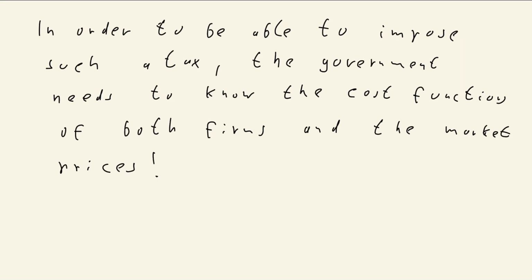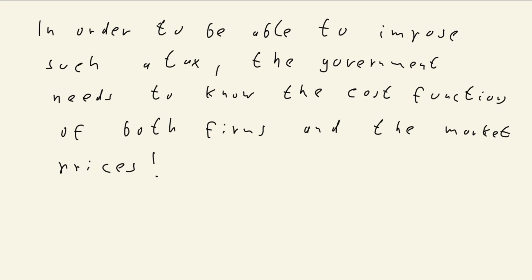Cost functions are a little bit more difficult, because typically this is more private information of the firms themselves, their technology, which they have better information about than the government. The government could apply some techniques to estimate the technology and the cost functions of the firms, but it's very difficult.